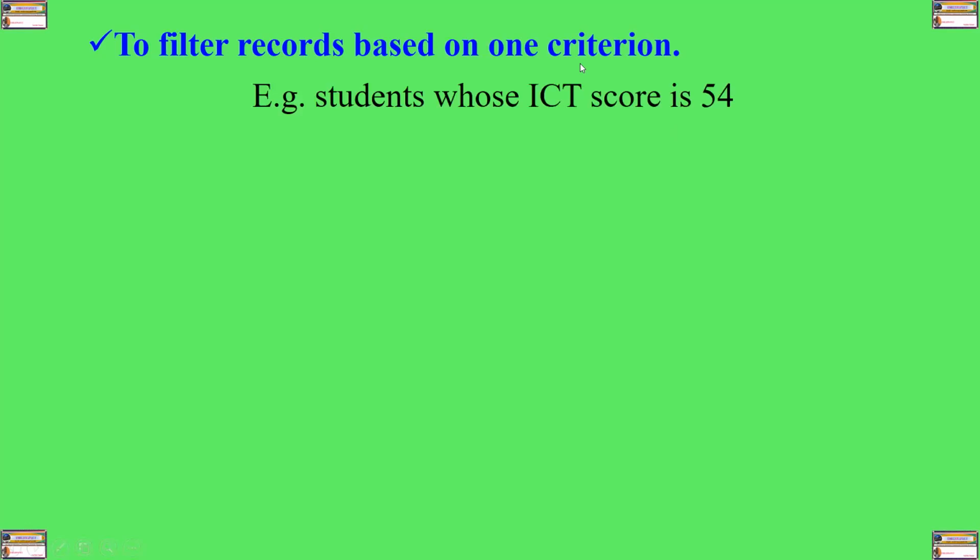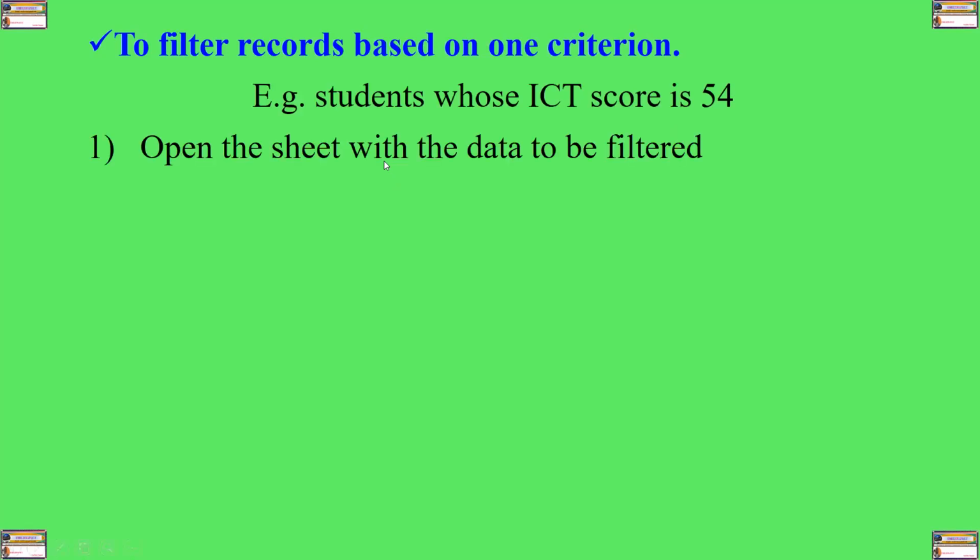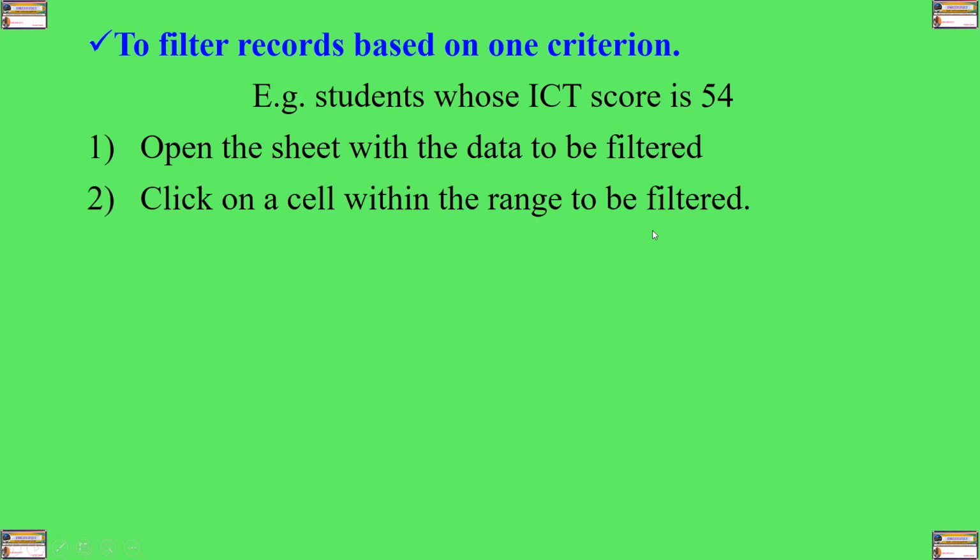For example, if you want to filter students whose ICT unit score is 54, you proceed as follows. Number one, you open the sheet with the data to be filtered. Number two, you click on a cell within the range to be filtered.